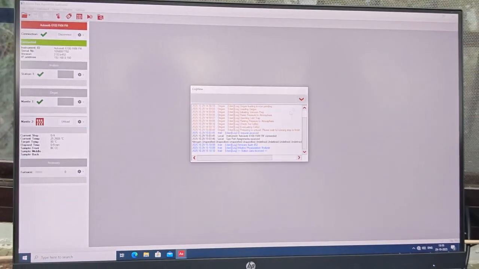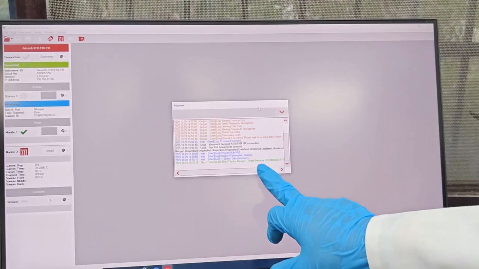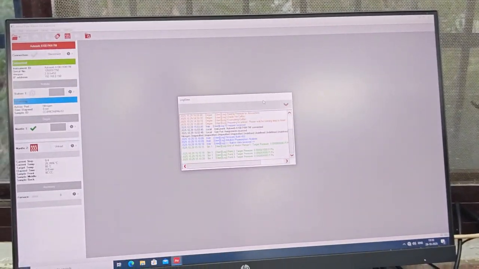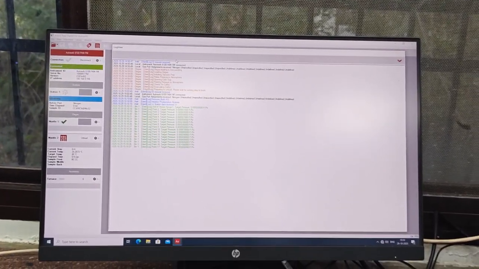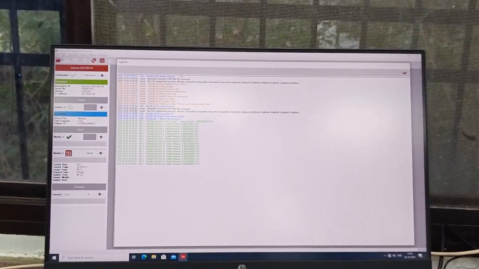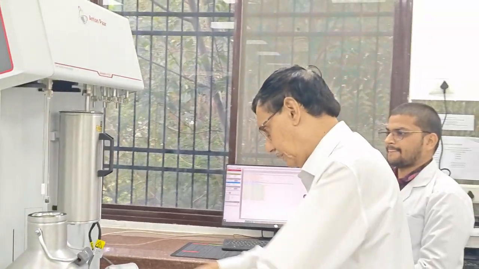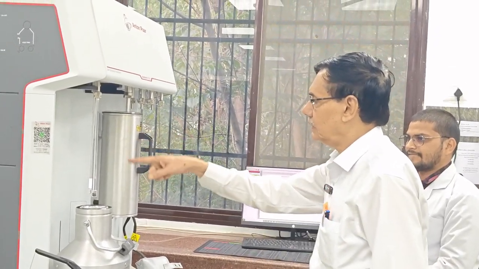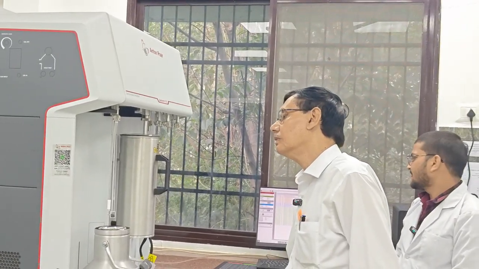Here we can see automatically the effect of pressure and adsorption. It is now starting the target pressure. After reaching the target pressure, it will go up, and automatically you will see that we keep this Dewar flask on that stand, and you see this is a sample and the CLS coolant sensor tube.